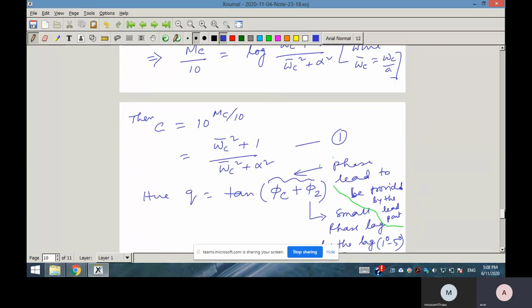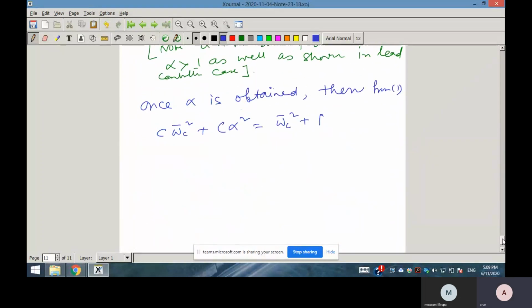So from here, what will you get? Here you are getting omega c bar square into 1 minus c equal to alpha square c minus 1.